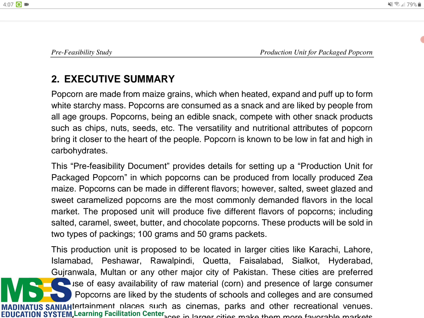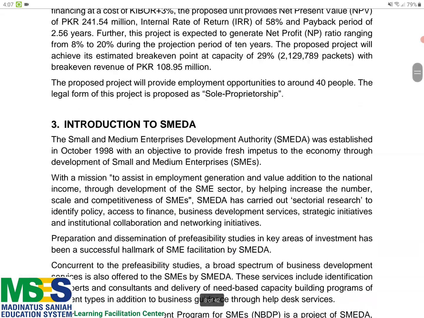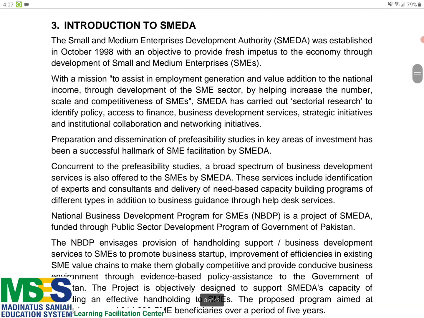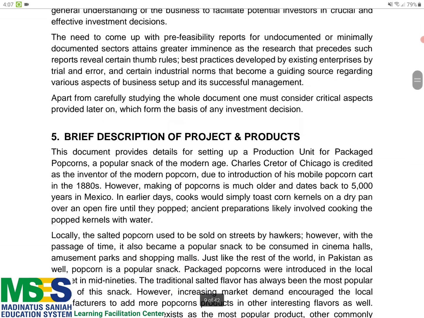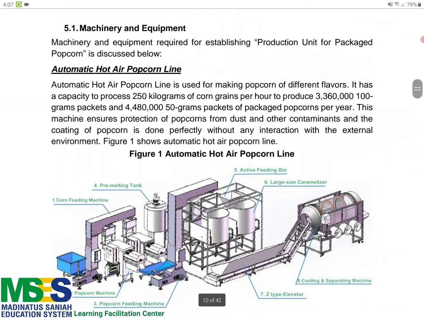If we move forward, we'll see the introduction to SMEDA, the purpose of the document, and a brief description of the project, and we'll start with machinery and equipment. So what are you going to do? You are going to make packaged popcorns.